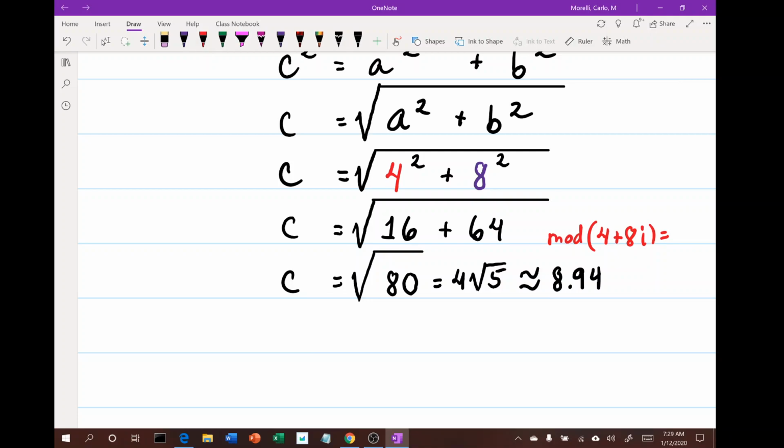Those are all the same thing. So this is c, which remember is the modulus, the length of that green line, of 4 plus 8i. And remember, that was mod of z.